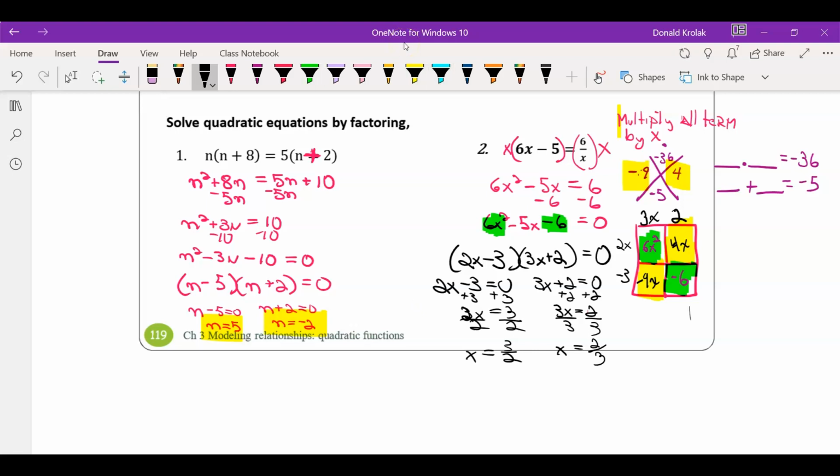0? Let's see. This one should be, thank you. So I should have subtracted 2, not added 2.